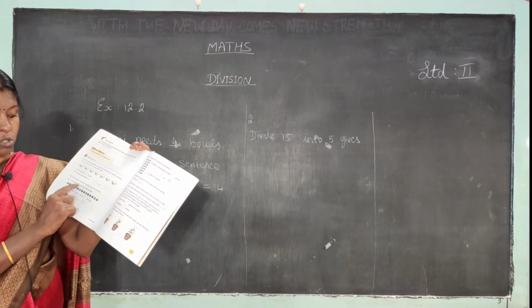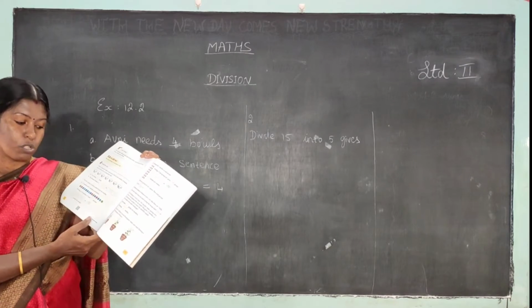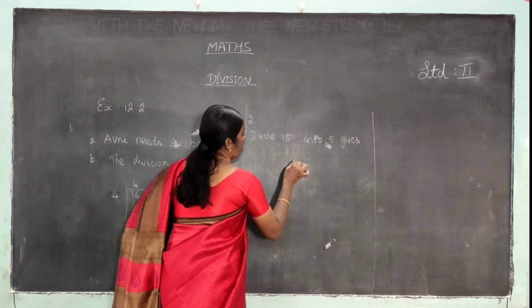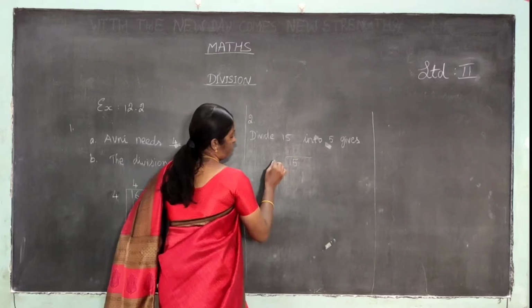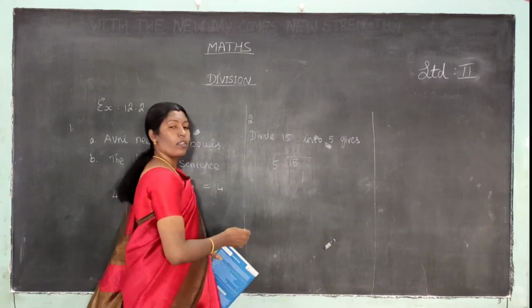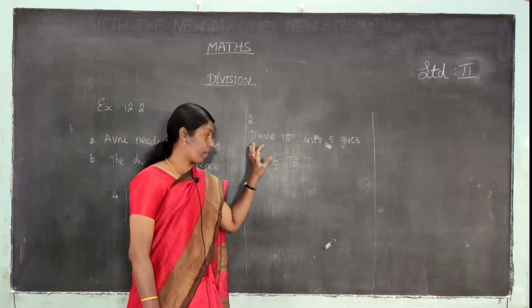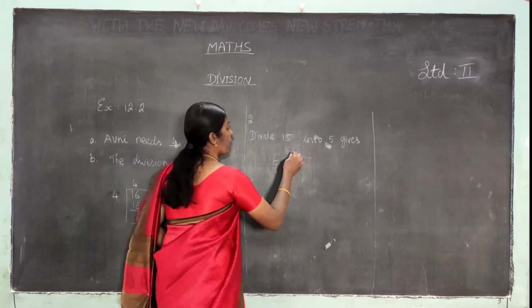And we want to share 5 marbles in each packet. So just we divide 15 by what? 5. Okay, tell the 5 table. 5 1s are 5, 5 2s are 10, 5 3s are 15.